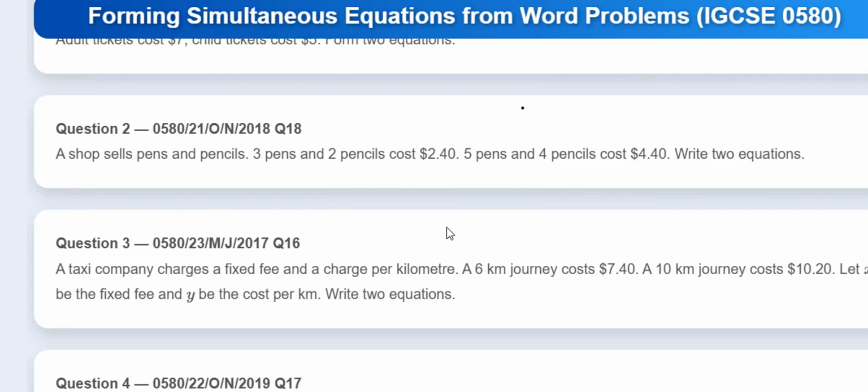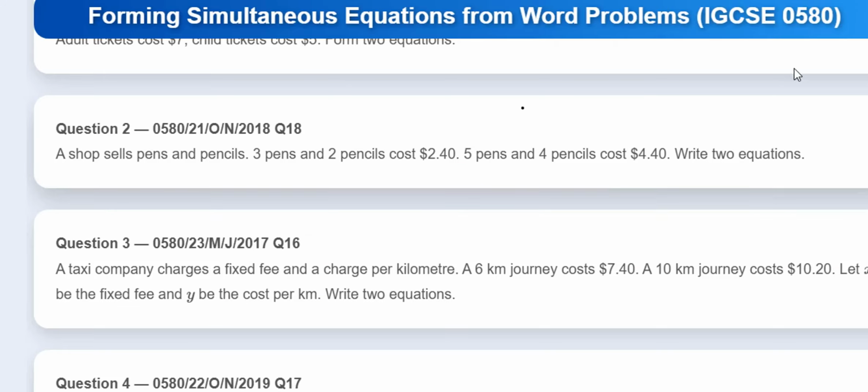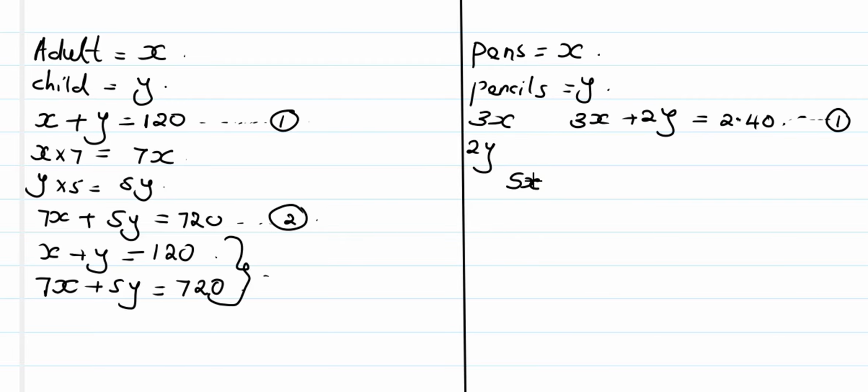But how about the second one? You are told again 5 pens and 4 pencils. We already know pens are represented by X, so 5 pens is 5X. And then we also have 4 pencils, and we know pencils are represented by Y, so 4Y.